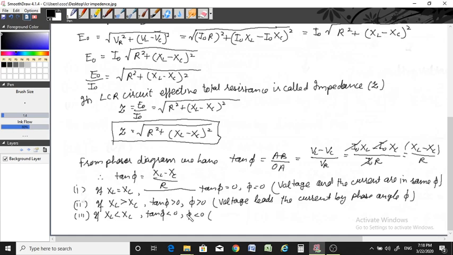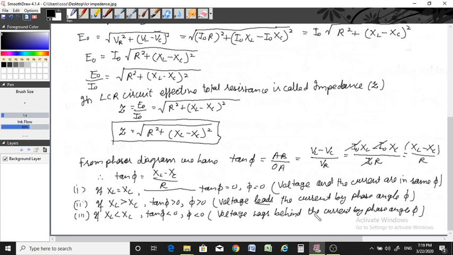This shows that voltage lags behind the current by phase angle phi. Here voltage leads, but here it lags behind the current by phase angle phi.